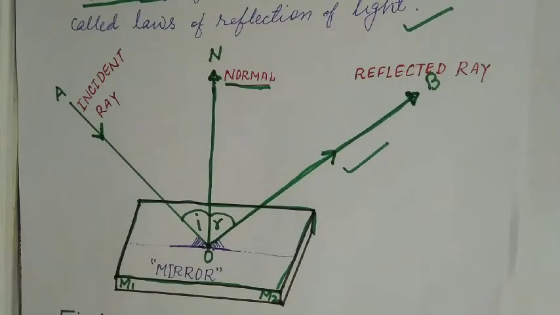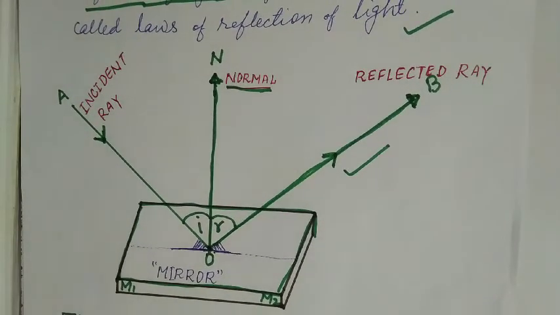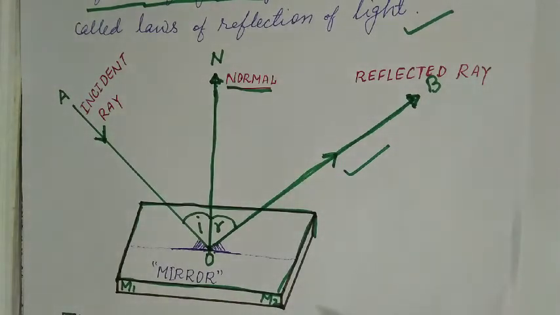So the change of path of light in the same medium after striking an object or any surface of the object is called reflection of light. It occurs under some rules, the laws of reflection.